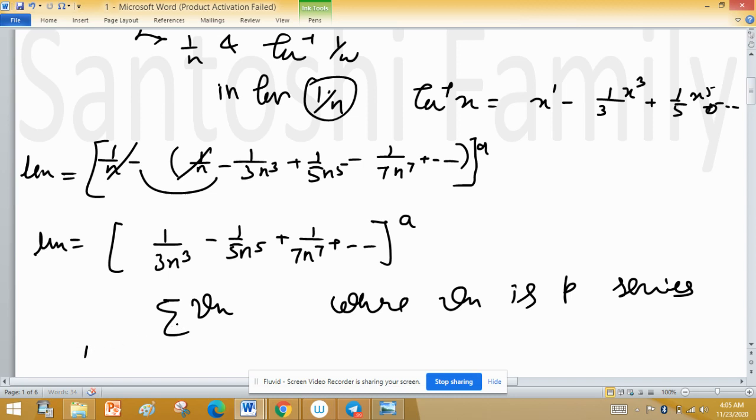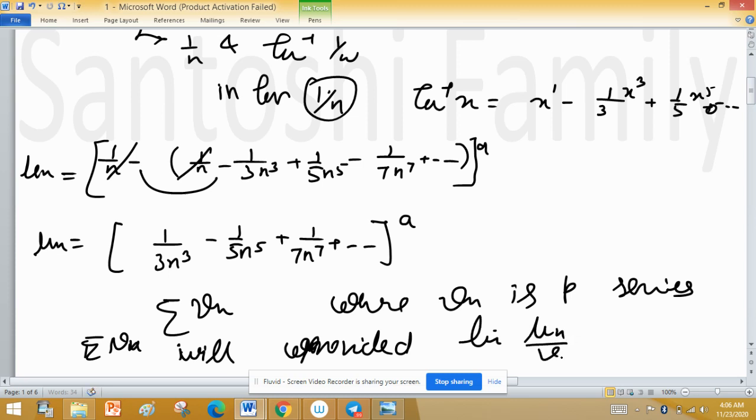If vn is convergent, then summation un will also be, provided the limit of un upon vn is L, which is not equal to 0.